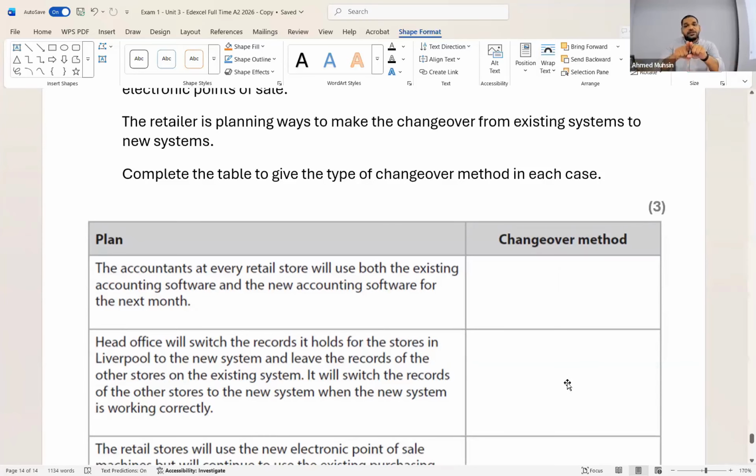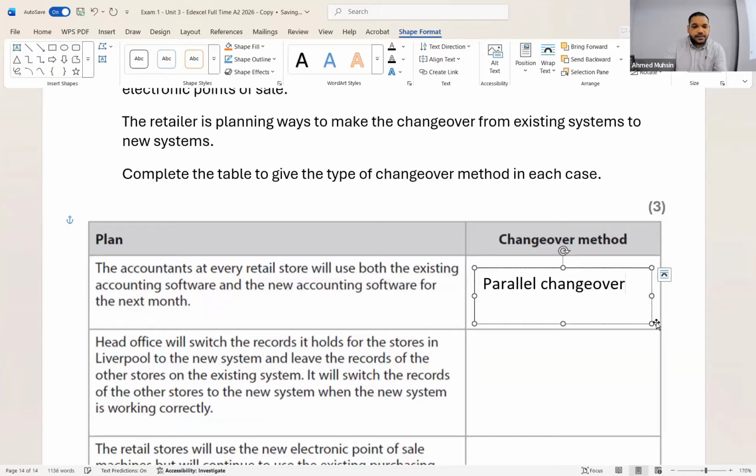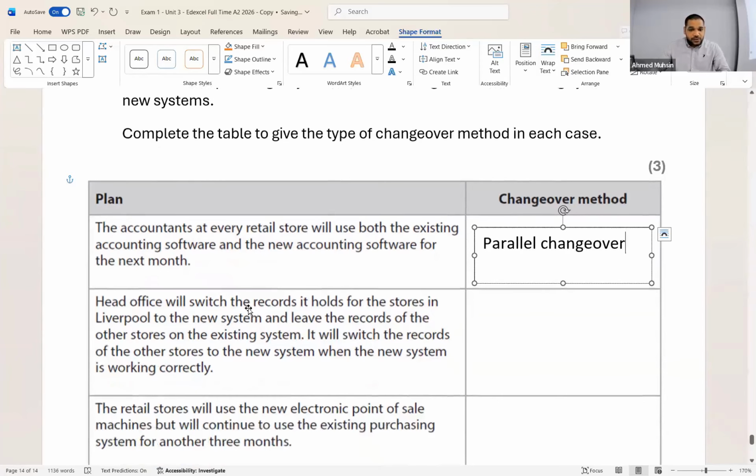You are having both softwares running together. What do we call this? This is parallel changeover, right? Parallel changeover.